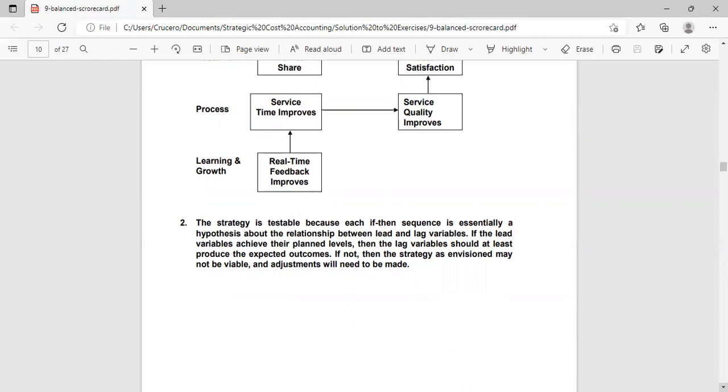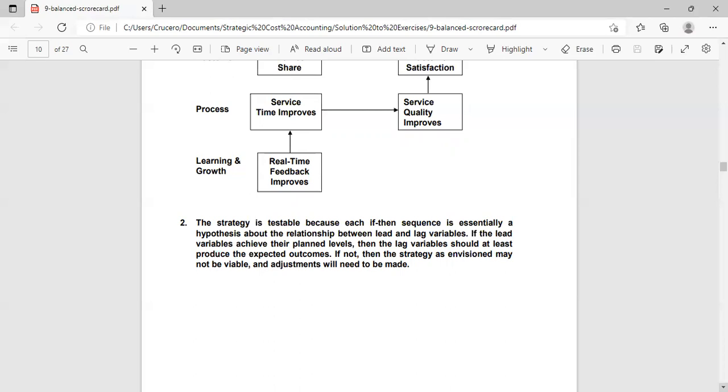So if the lead variable achieves its planned level, the lag variable should produce the expected outcome.